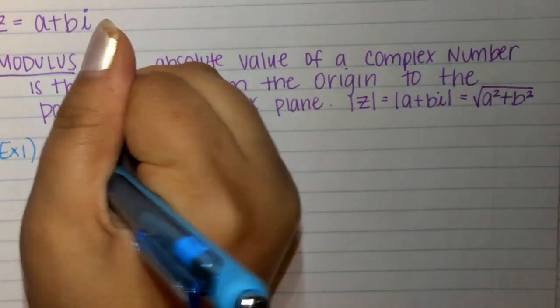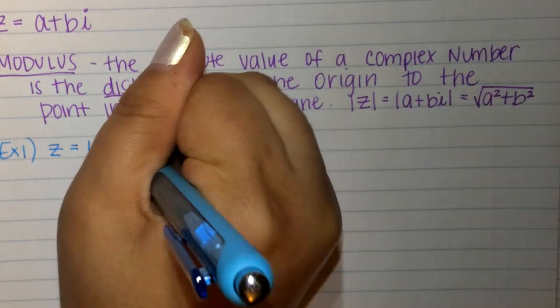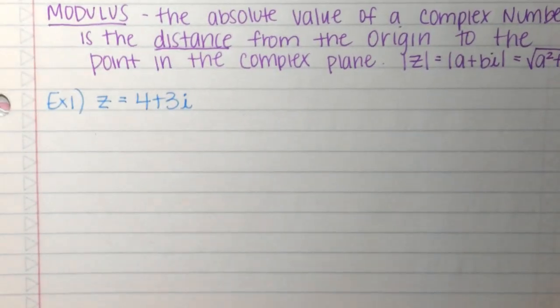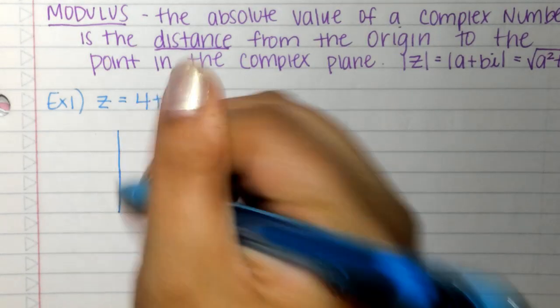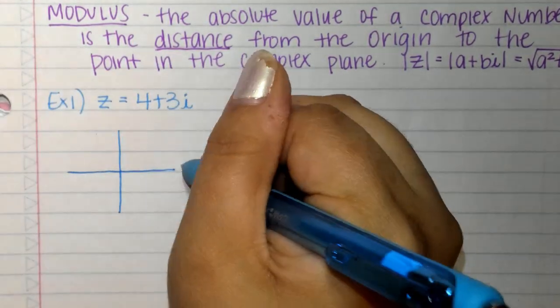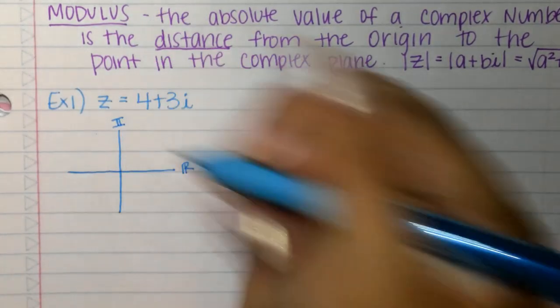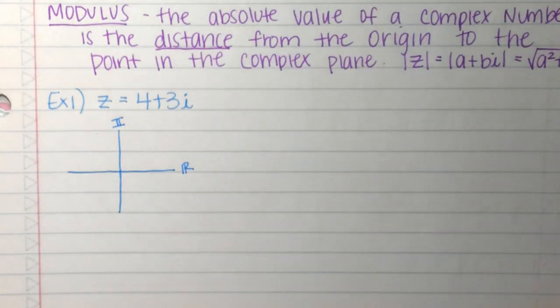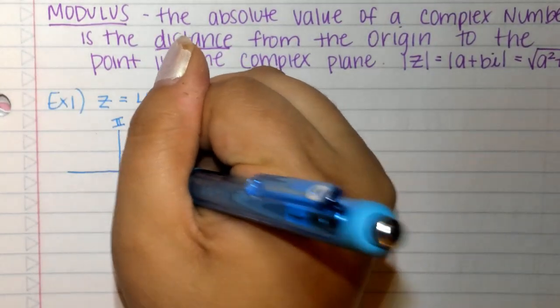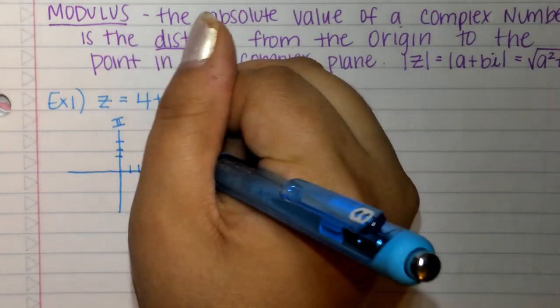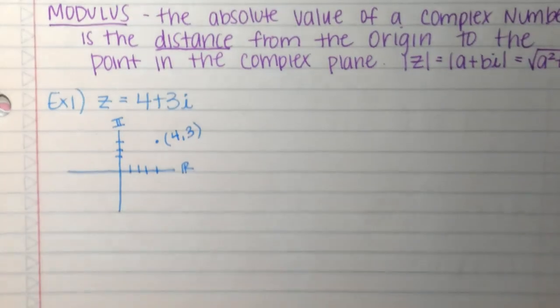So example 1. If I have the number 4 plus 3i, can you graph this on the complex plane? How would you graph this? You know a and b. What's my a and b? 1, 2, 3, 4. 1, 2, 3. So I know my point is at 4, 3.